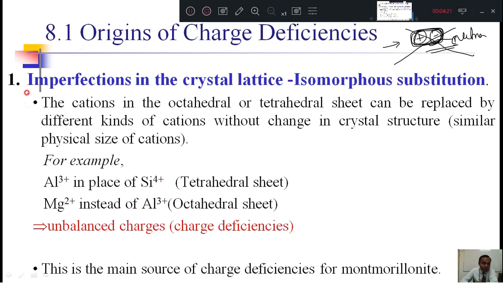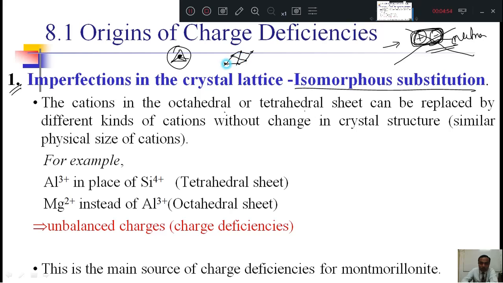The first point here is imperfection in the crystal lattice, that is isomorphous substitution. Very, very important. That is the cations in the octahedral and tetrahedral units. Octahedral means there will be 8 surfaces, and inside one cation will be there, surrounded by 6 anions. Here in the tetrahedral, 4 anions are surrounded.